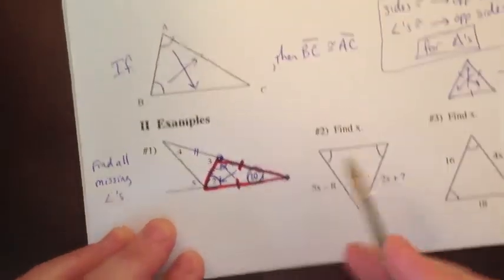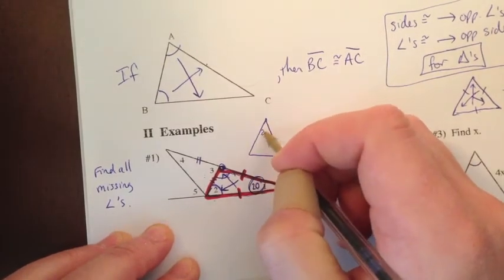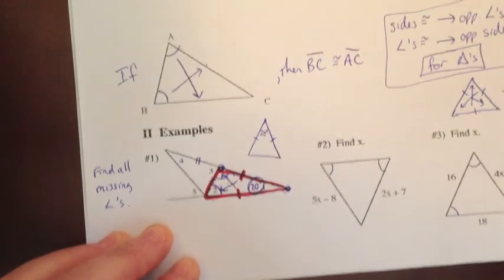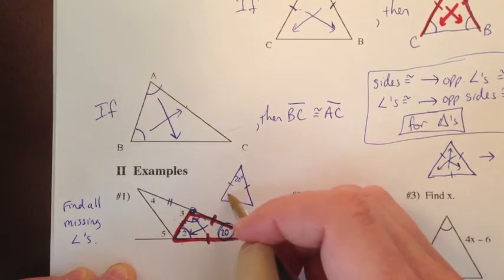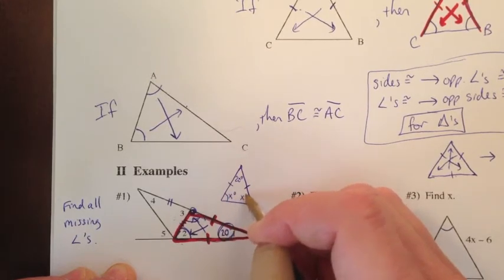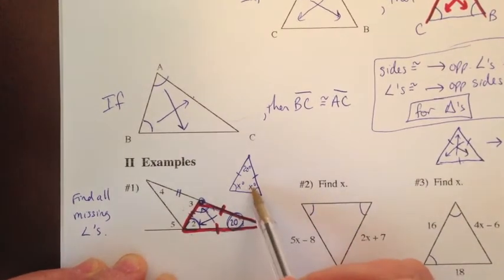This is 20. I'm going to draw it like this, if that's easier to look at. So there's your 20 degrees, and there's your sides. These are the same, so if I call one of these x, so is the other one. That's also x. Now, if you add up the three angles of a triangle, you always get 180.